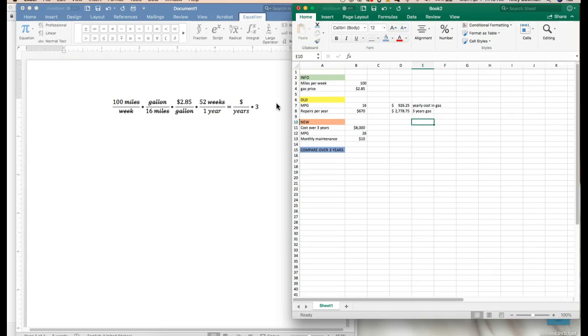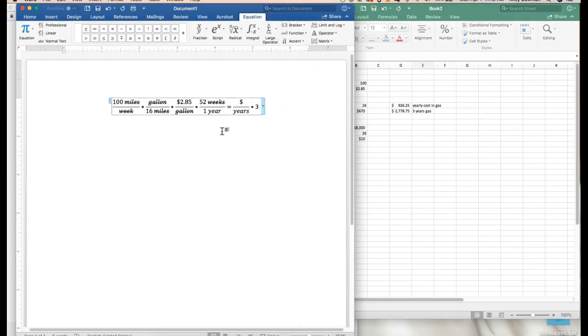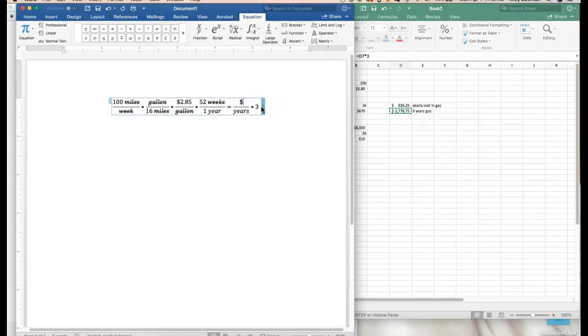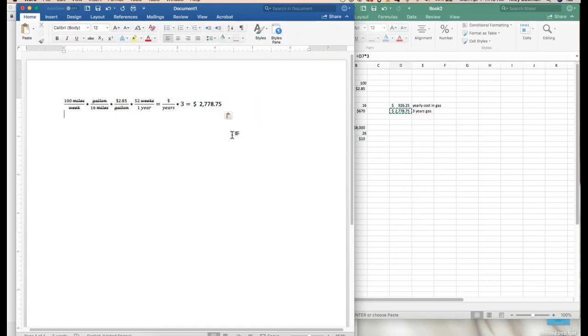Okay, now we're going to do the exact same thing as we did for the old car for the new car, oh, and I guess I should put that here. I could, you know what, let's just do a cool trick. We'll copy, and I guess that was the ending value. We'll paste it in like that so that we have it in there.